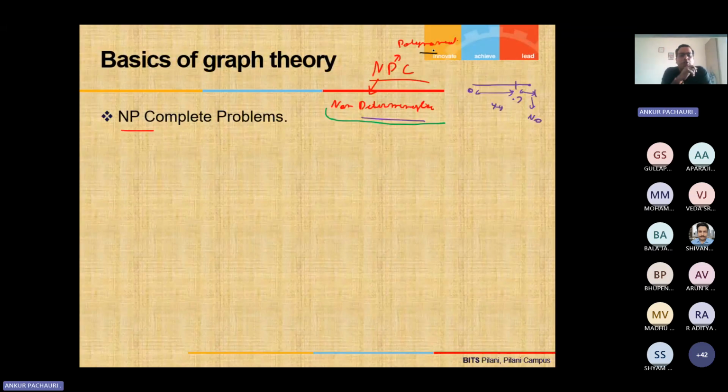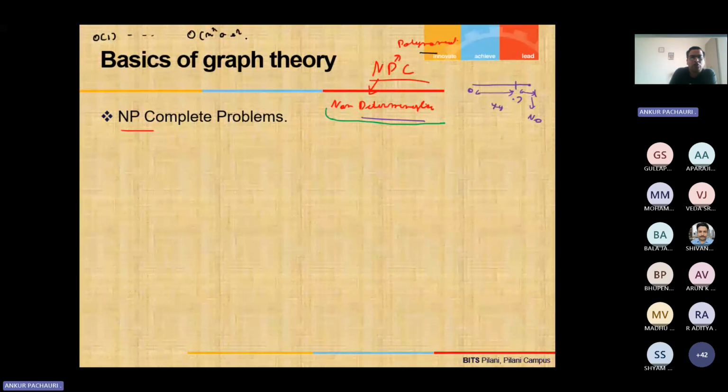All the asymptotic notations that you have learned so far vary from big O of 1 to big O of n cross n, or e to the power n, or 2 to the power n. Means constant to exponential.